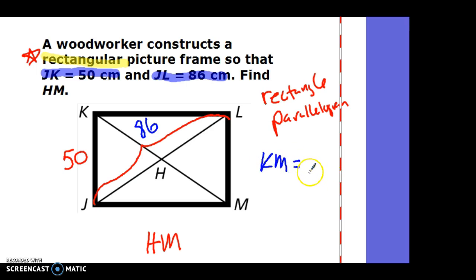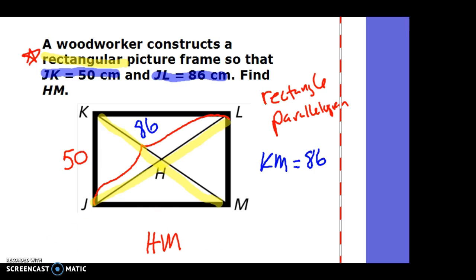Yes, Kayla. It is also 86 because the diagonals are congruent, because it is a rectangle. If it was not a rectangle, we could not say that both of our diagonals were the same. Here I know that KM is the same as JL. They're both going to be 86.